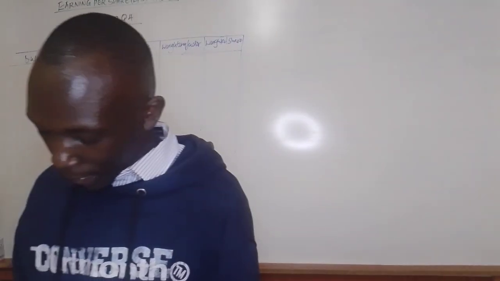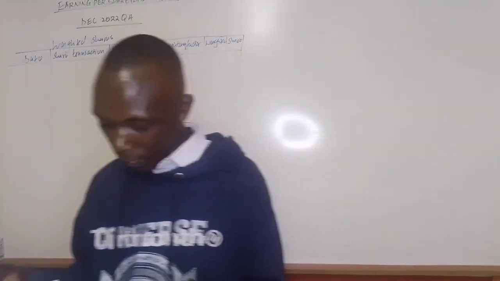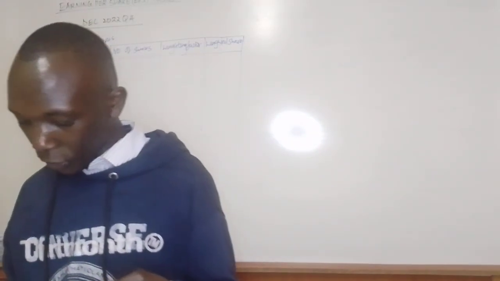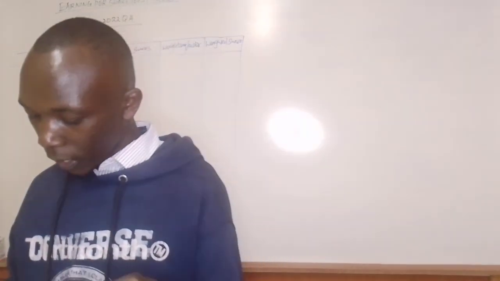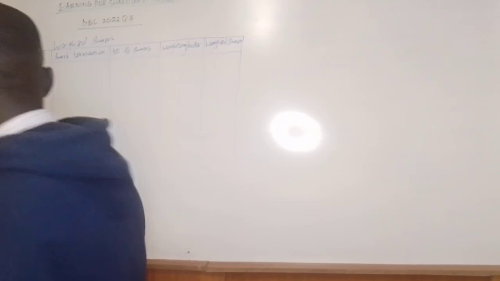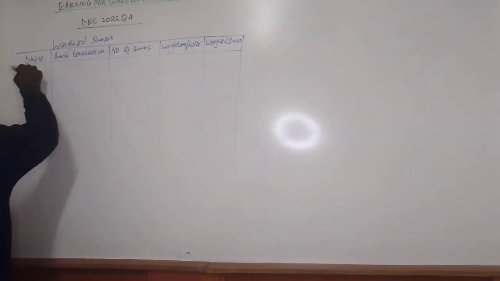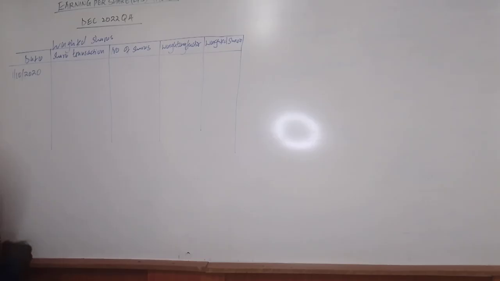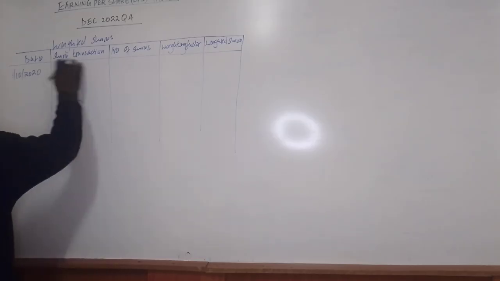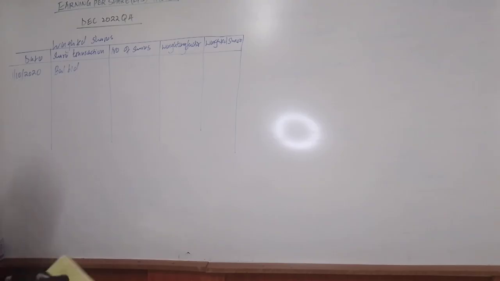So when we go back to the first line, you are told the D Limited equity balance as of 1st October 2020. So the first date we will be talking about is 1st October 2020. The share transaction will be the balance brought down.